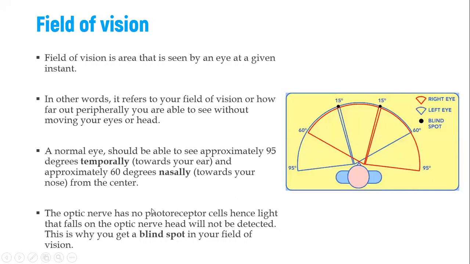However, at the point where we have the optic nerve, normally at the optic disc, we don't have photoreceptors. Therefore, at that point, even if light falls on that area, no image will be formed. That is normally called the physiological blind spot.